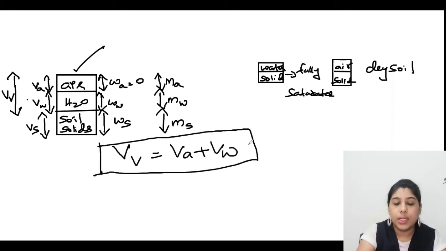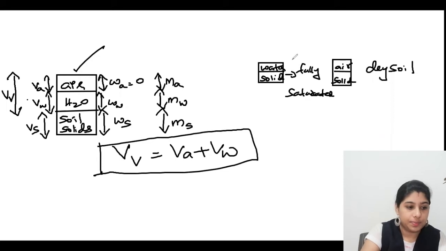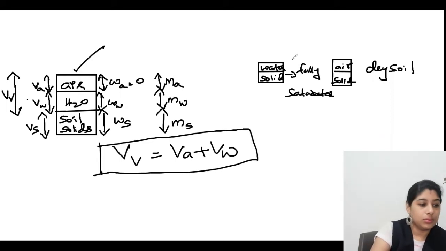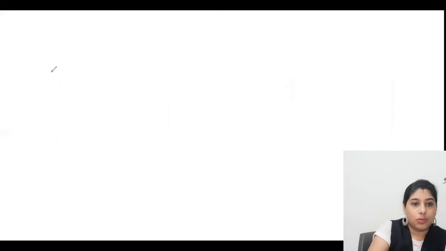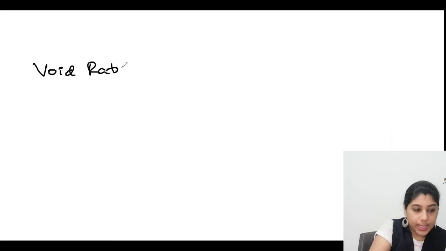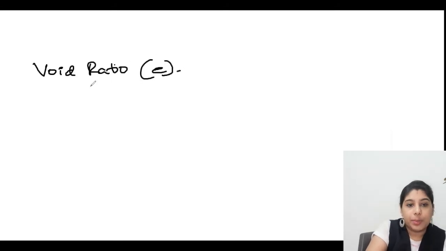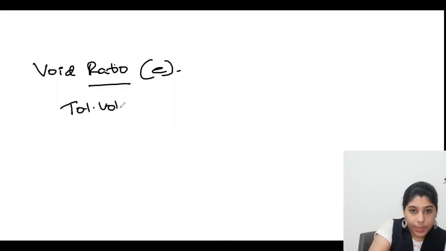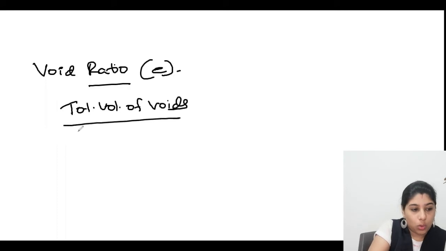Now we will learn the basic definitions. First is the void ratio. We call void ratio e. Void ratio is the total volume of voids by the volume of solids.